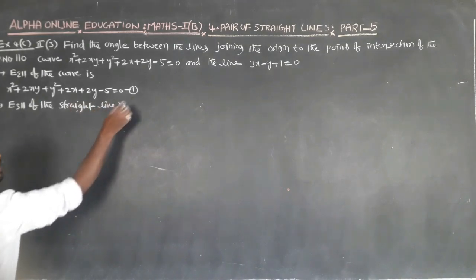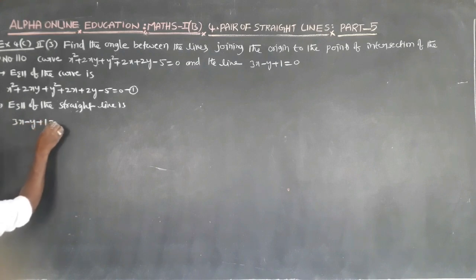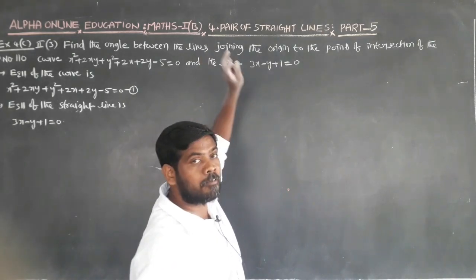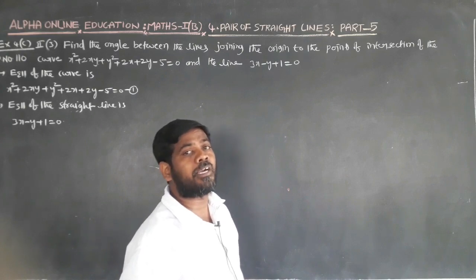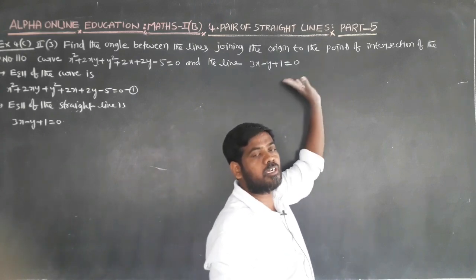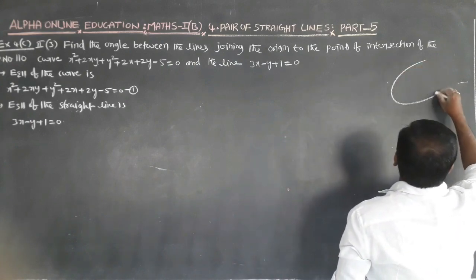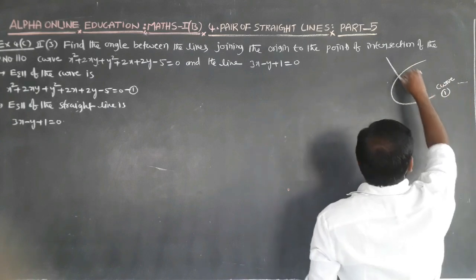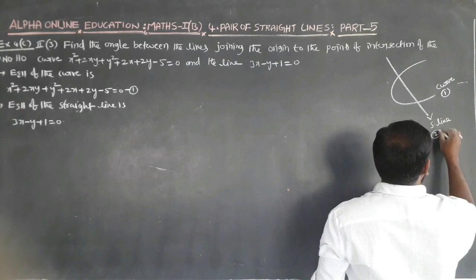Equation of the straight line is 3x minus y plus 1 is equal to 0. Find the angle between the lines joining the origin to the points of intersection of the curve and straight line. This is the curve 1. This is the straight line 2.